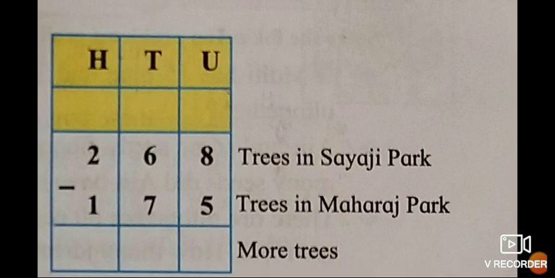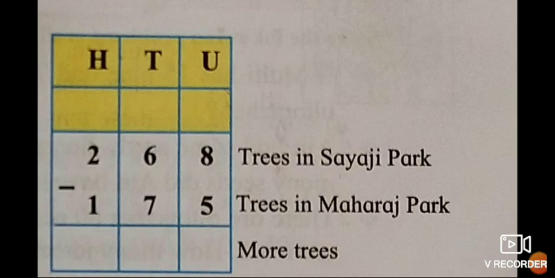So we have our sum like this, 268. Even if the number 268 comes later in the problem, we should have our bigger number first, because we can only minus from the bigger number.